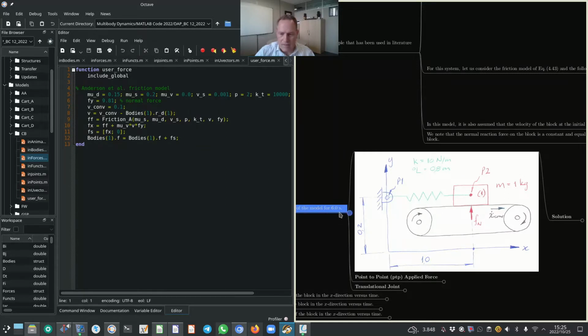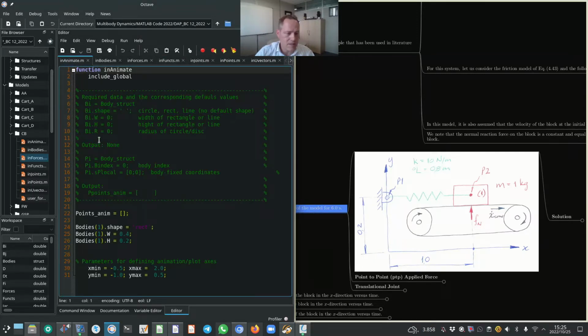So with that said, let's quickly look at the input MATLAB files before we run the simulation. That's what you can see here on the left hand side of the screen, and I've opened them in alphabetic order. That's how they are also listed here in the directory models under the subdirectory CB, the acronym for conveyor belt.